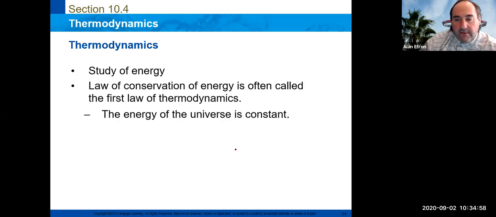We think about energy in terms of the system, which is typically whatever we're dealing with, and the surroundings, which is everything outside of that. For example, if you're doing a reaction in a beaker, the system would be the beaker, and the surroundings would be everything outside of it.